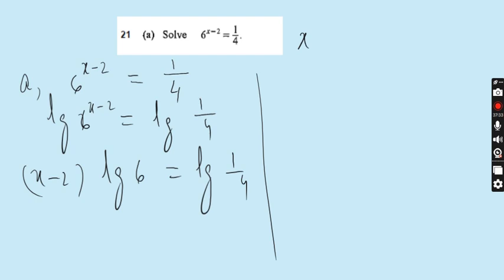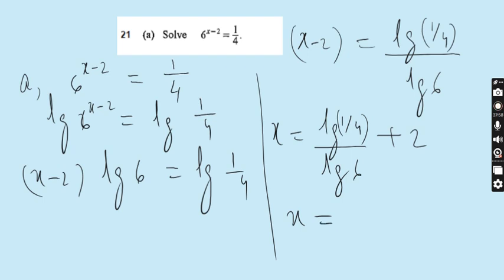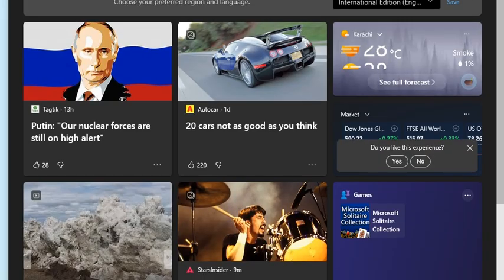Next, x minus 2 is equal to log of 1 upon 4 upon log 6. Next, x is equal to log of 1 upon 4 upon log 6, and this negative 2 becomes positive 2. Use your scientific calculator to find the final answer of log of 1 upon 4 over log 6 plus 2, which is 1.23. Hope you understand.